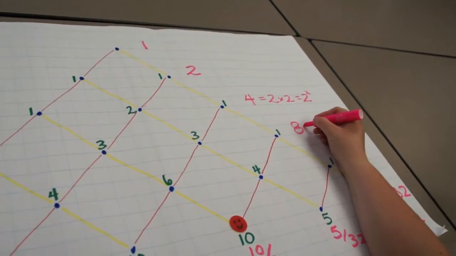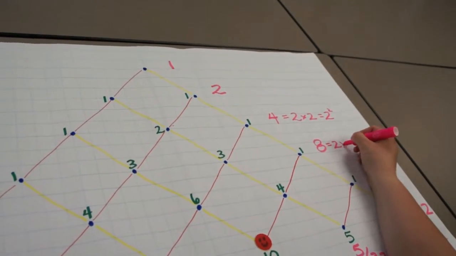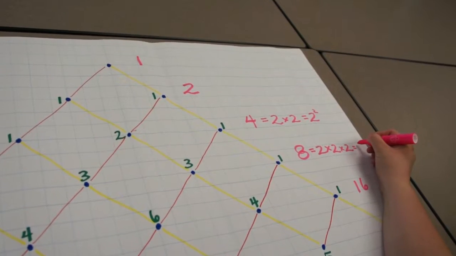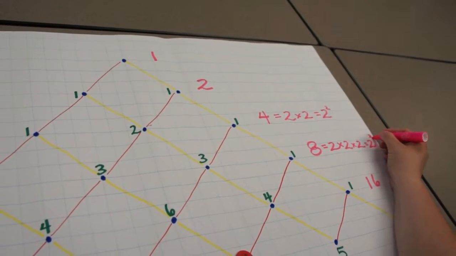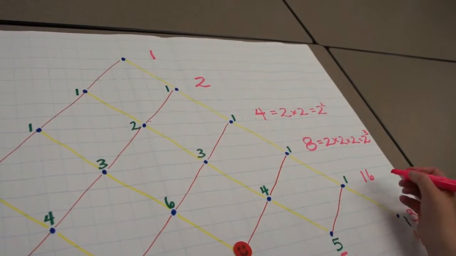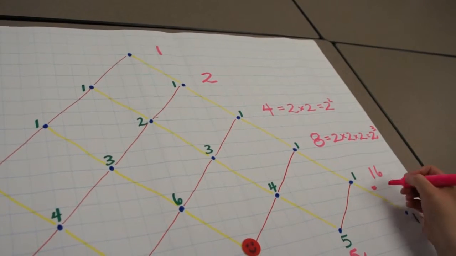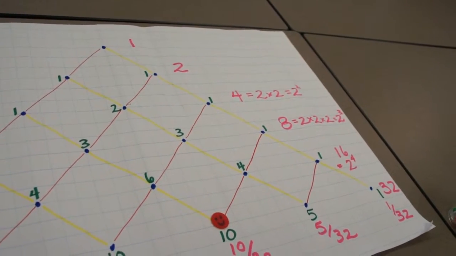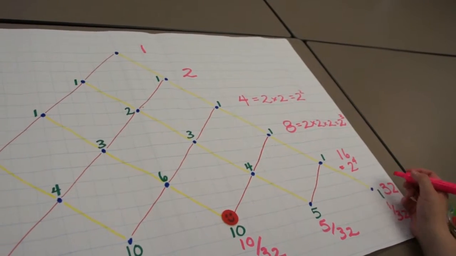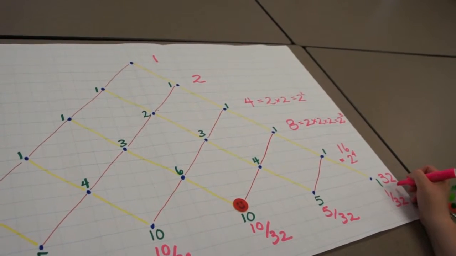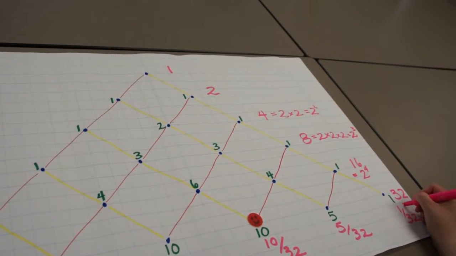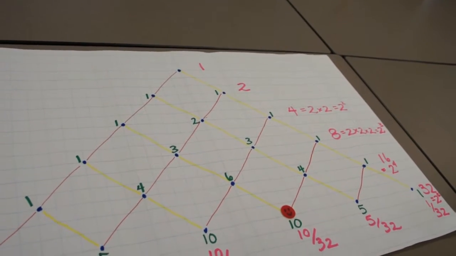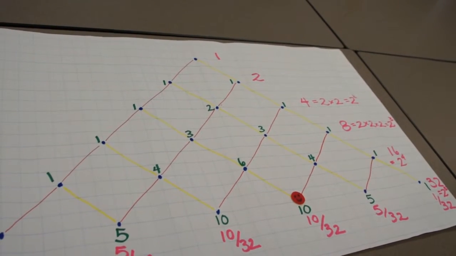And you could actually write 8 as 2 times 2 times 2, which is just 3 2's, right? And then 16 is 2 times that, which is 2 to the power of 4. What do you think 32 is then? You got it. It's 2 to the power of 5. So it's 2 multiplied by itself 5 times.